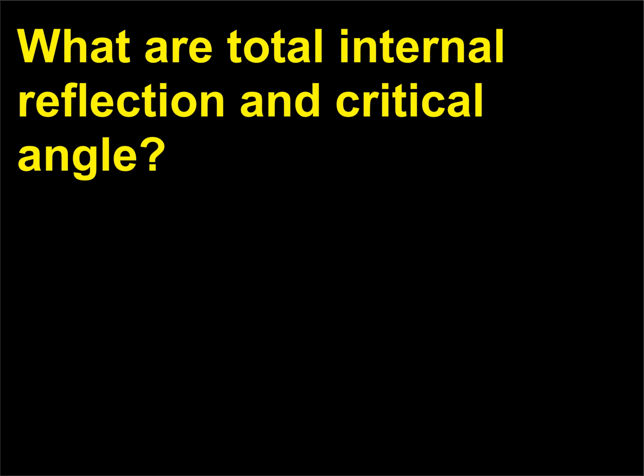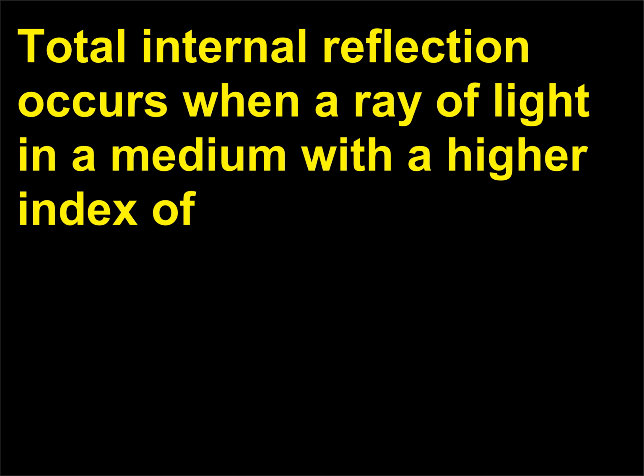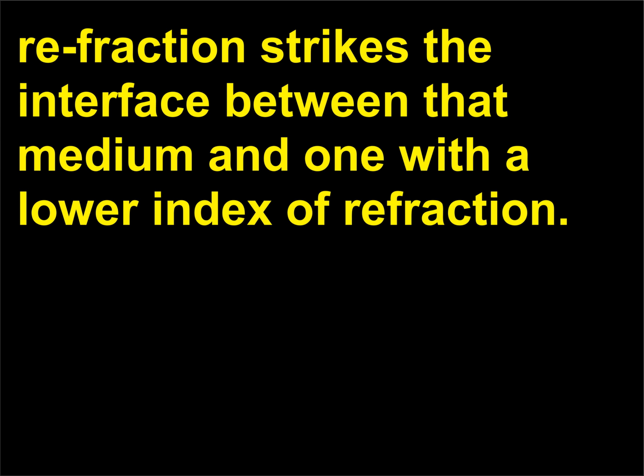What are total internal reflection and critical angle? Total internal reflection occurs when a ray of light in a medium with a higher index of refraction strikes the interface between that medium and one with a lower index of refraction.